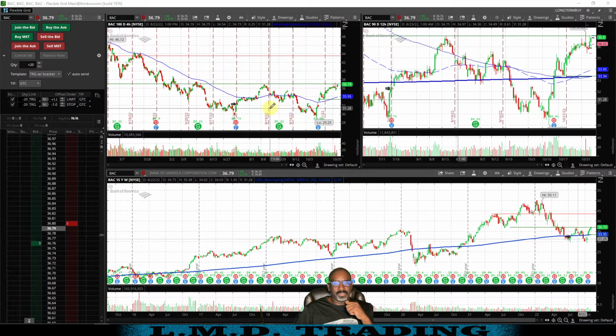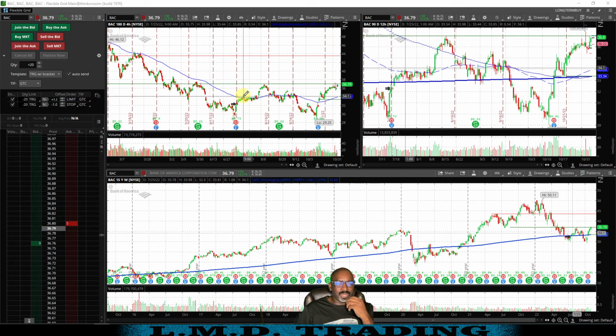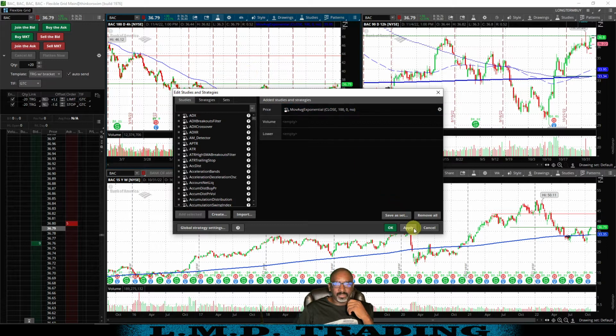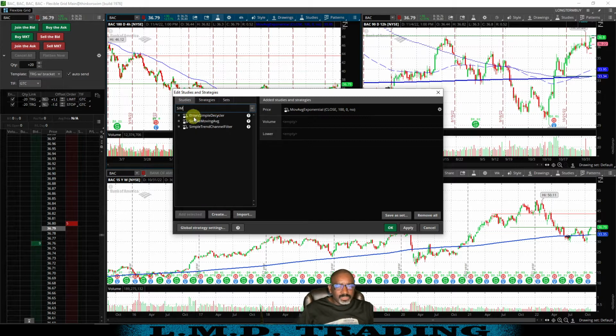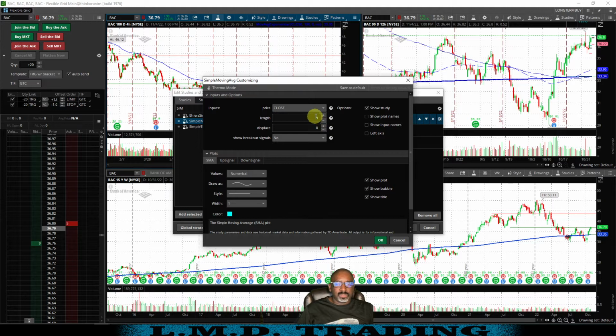On the 4-hour chart, I want to say that's a 100 moving average. Yep, that's a 100 moving average. I don't really like using the exponential. Let's go simple moving average. I'm gonna change this to the 100 real quick. We're gonna just see how much different it is.